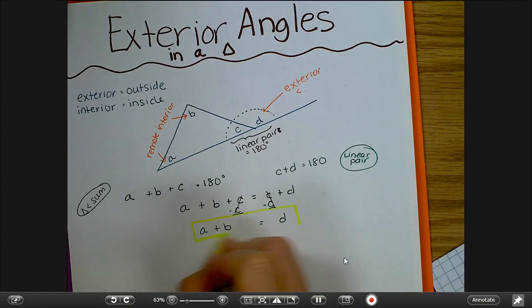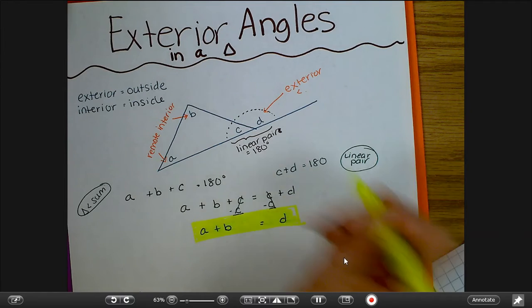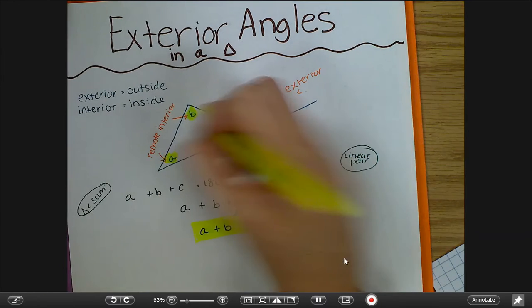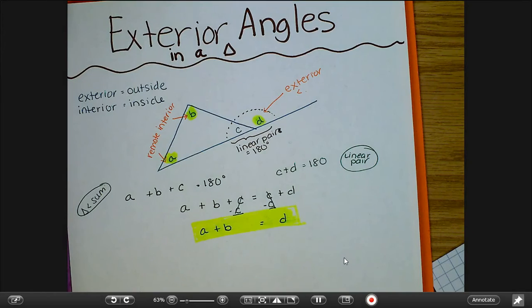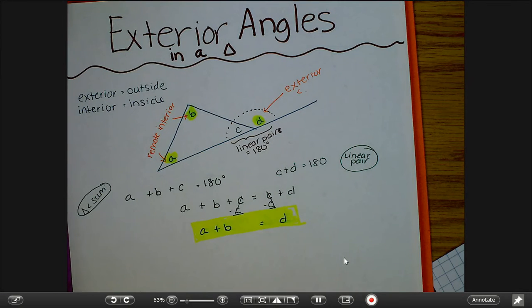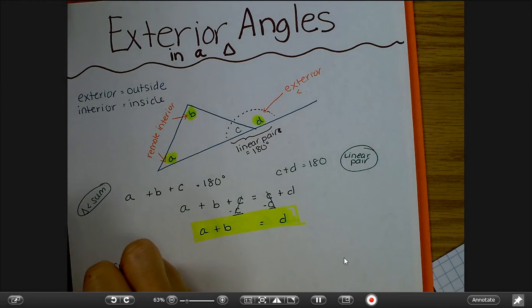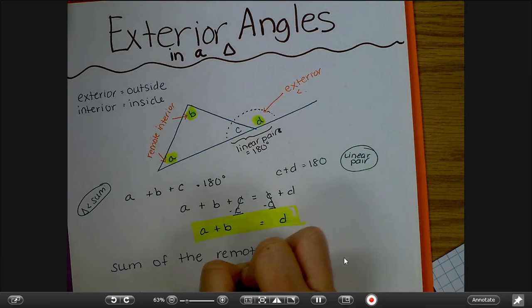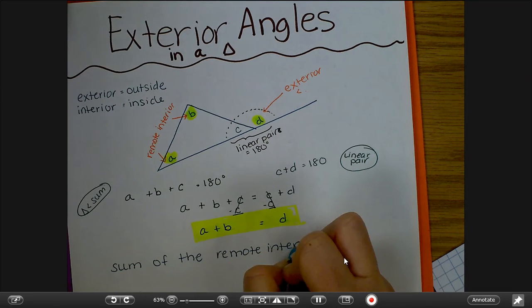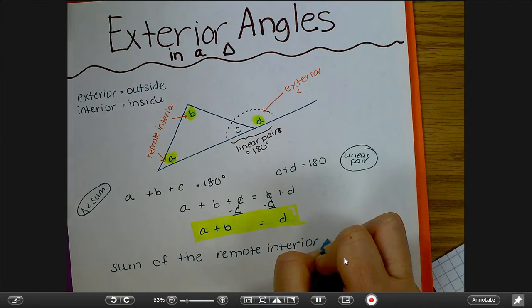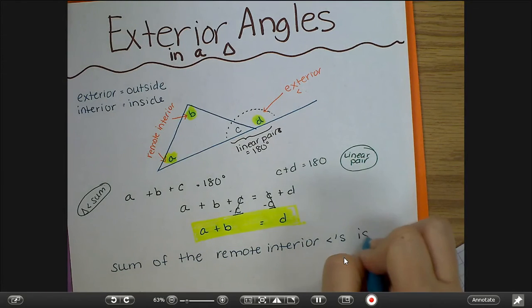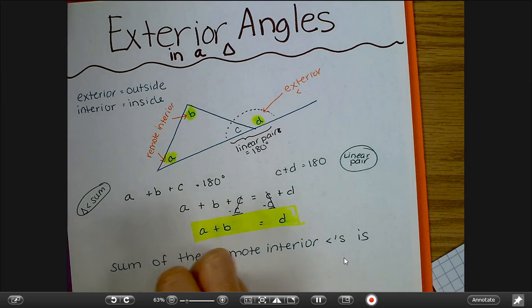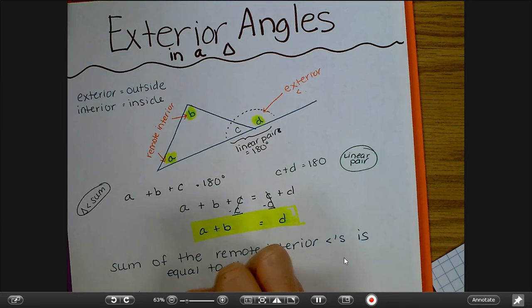Now, you should be writing beautiful notes too to put in your notebook so you have something to look back on. Okay, A plus B equals D. All right, in words, the sum, so add, of the remote interior angles is equal to the exterior angle.